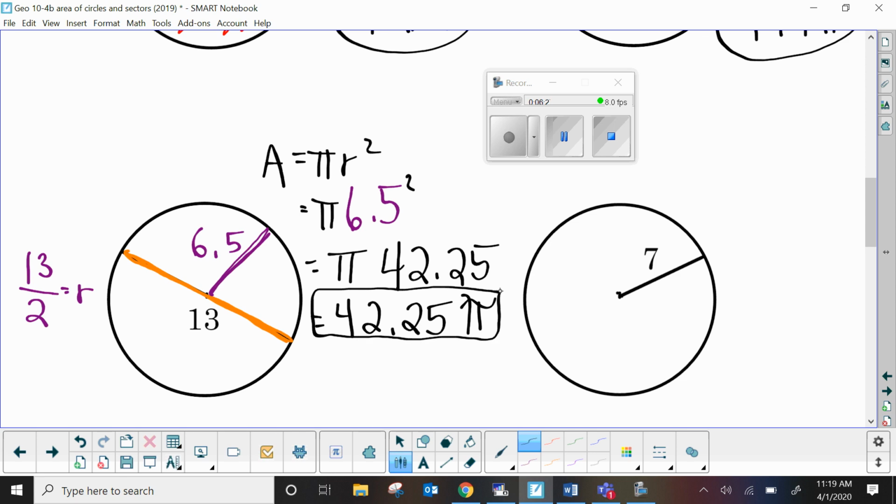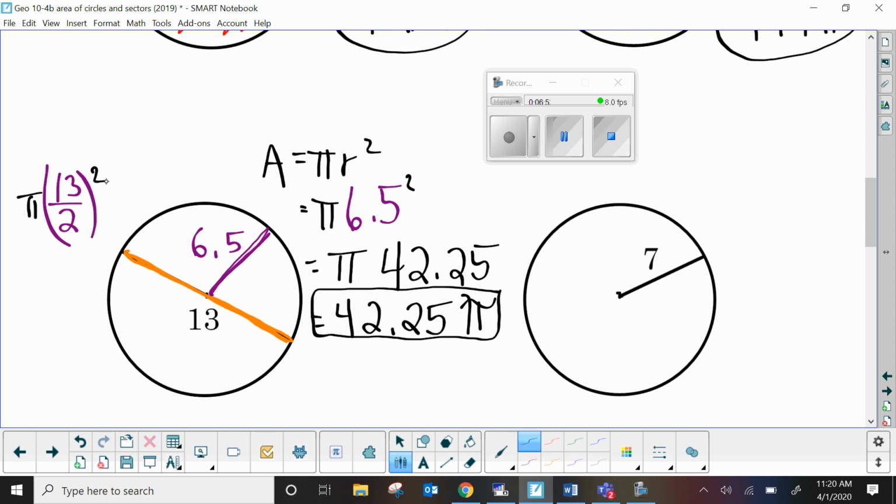If I wanted to use the fraction, watch this. We have pi times 13 over 2 squared.